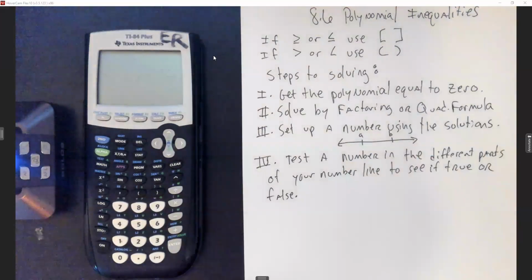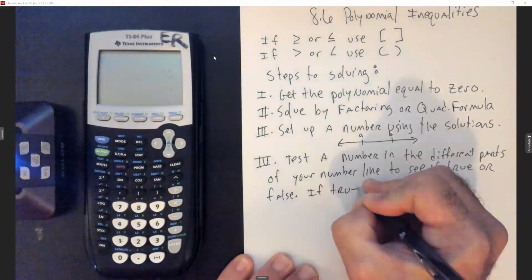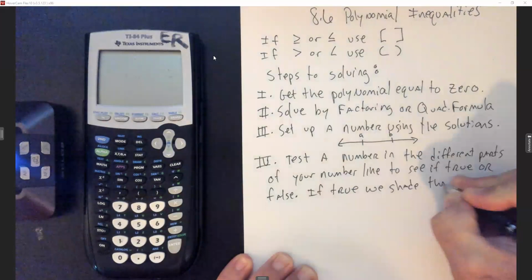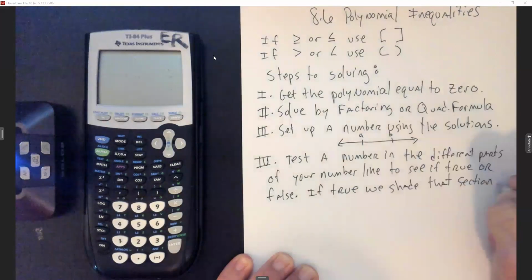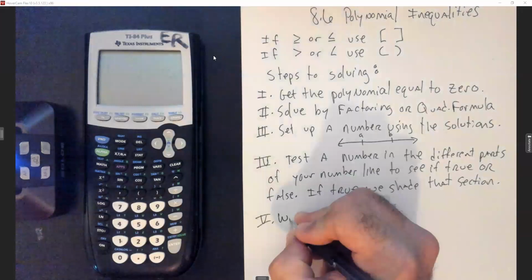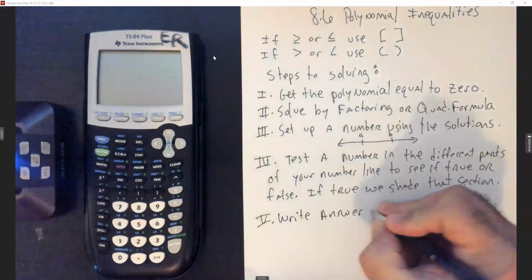If true, we shade that section. And then the last thing, write the answer in interval notation.